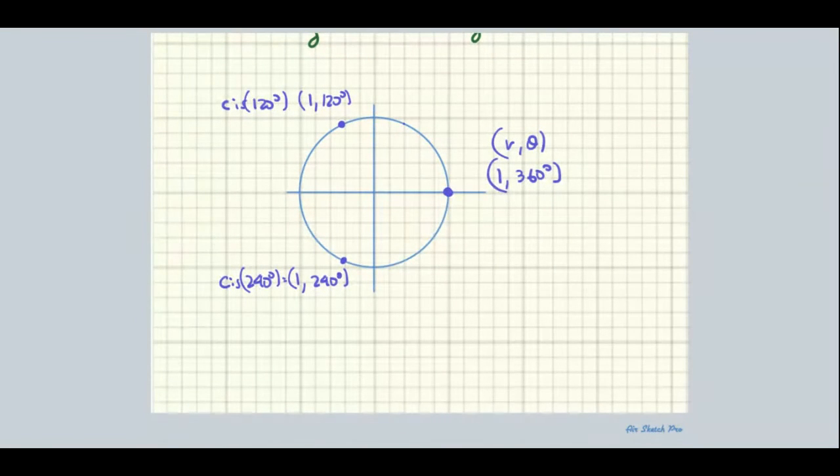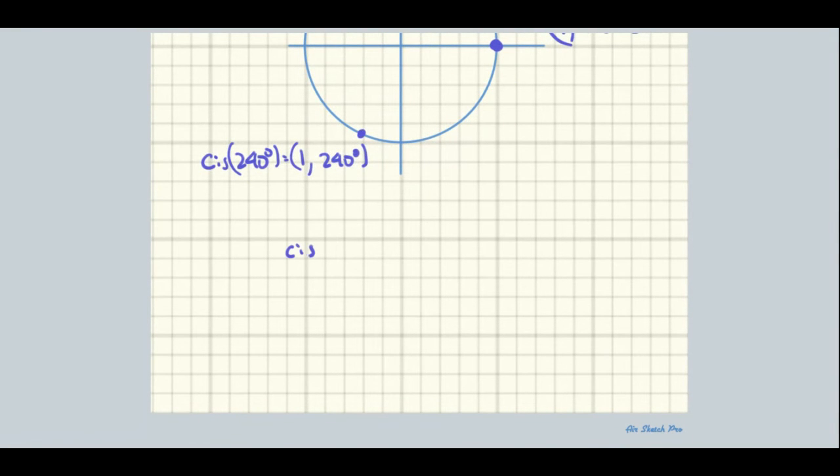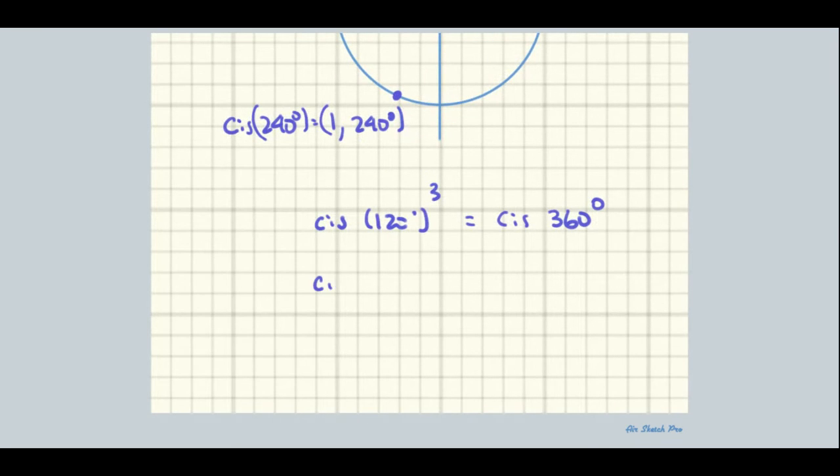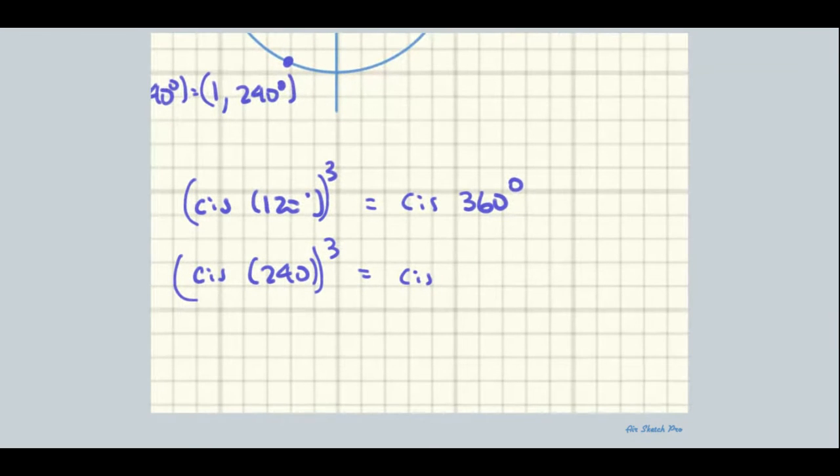If I cube cis 240, and I need to put the parentheses around the whole expression, it is cis 3 times 240? 3 times 240? 720, right?